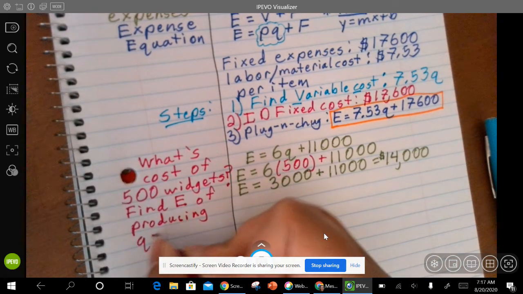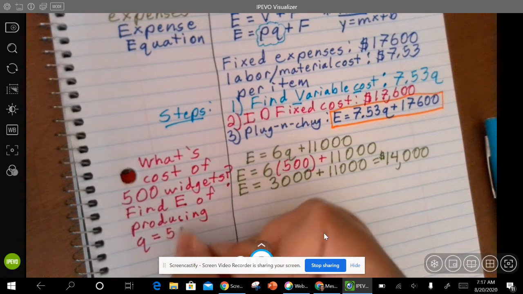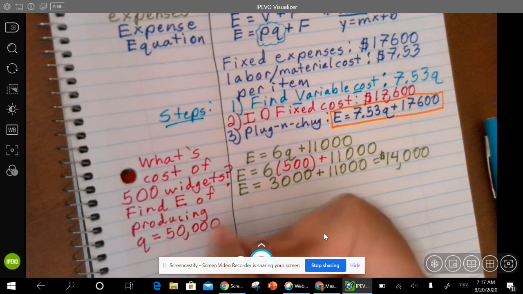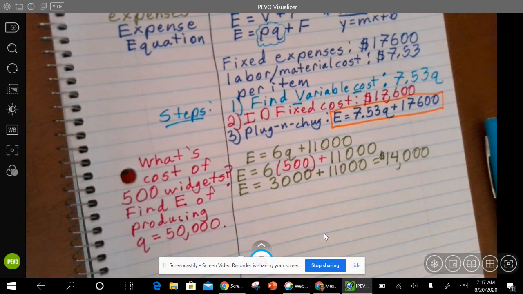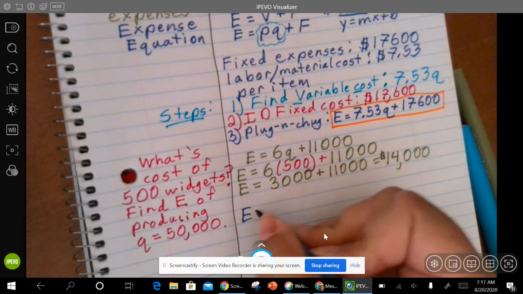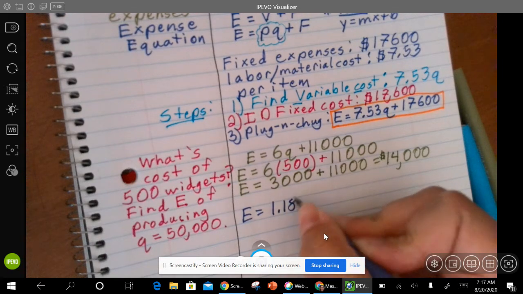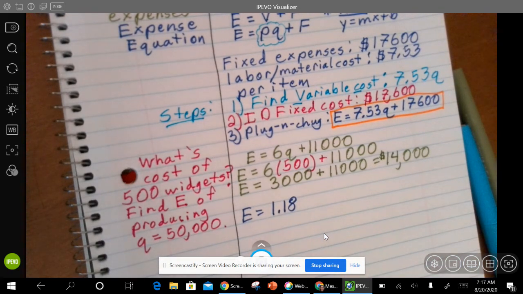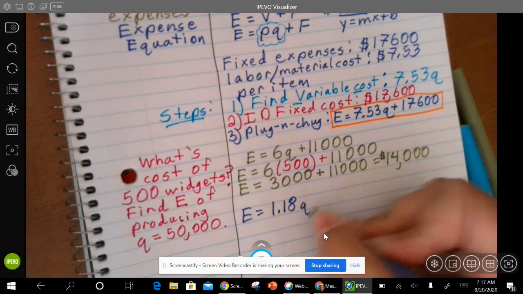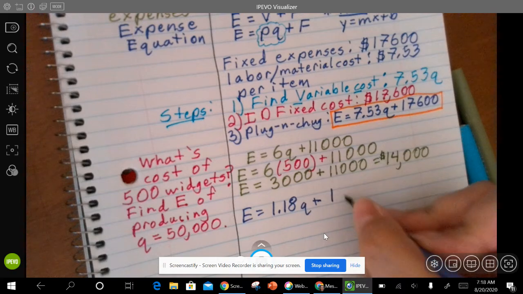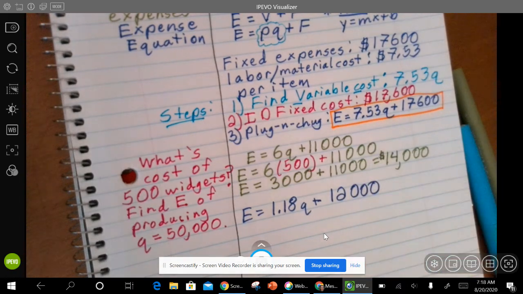So let's say, everybody, we change the quantity. Let's say we want to change the quantity to 50,000. So let's use a different equation. Let's say we have $1.18 to produce times the quantity plus 12,000. So we're going to substitute it in.